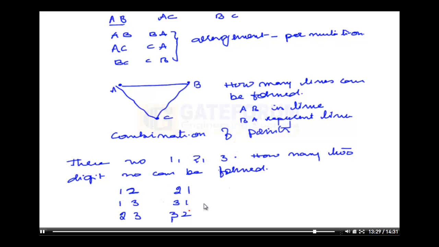So in the previous case, whether you consider AB or BA, it is representing the same line. Whereas here, taking different arrangements of numbers, it gives different values.